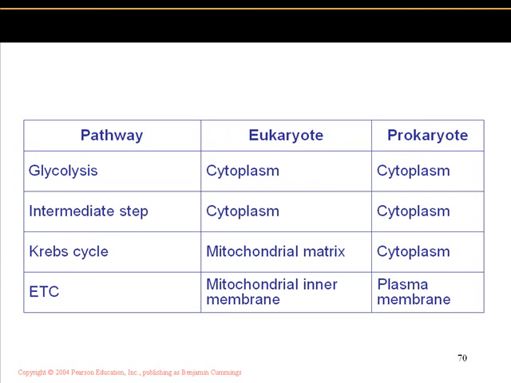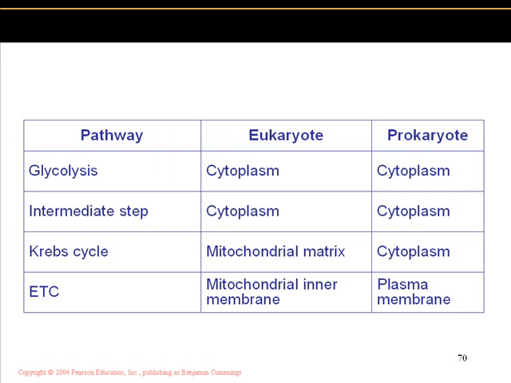The pathways that we've talked about, glycolysis, you need to know where glycolysis takes place. In eukaryotes and in prokaryotes, glycolysis takes place in the cytoplasm, inside the cell. The intermediate step, a part of glycolysis, also takes place in the cytoplasm.